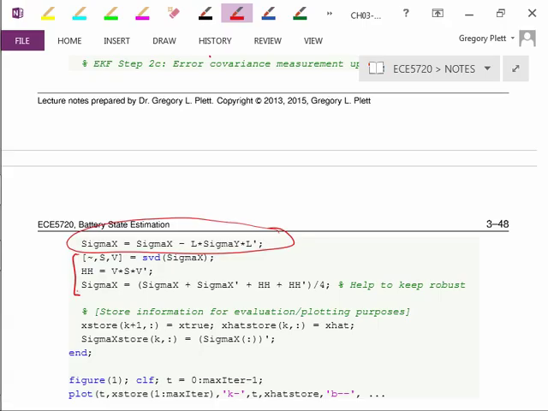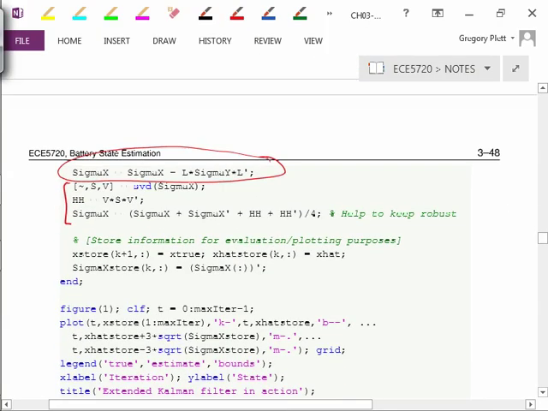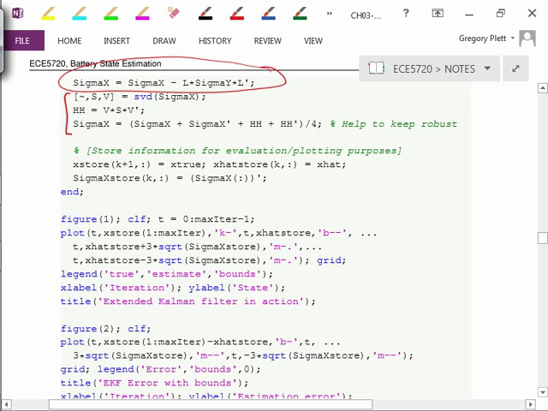So I take the singular value decomposition of sigma x, and I compute this intermediate h variable, and I replace sigma x by this computation, which is guaranteed to keep everything positive semi-definite and symmetric. Then after that, I store things and I plot things in much the same way that we did last time.